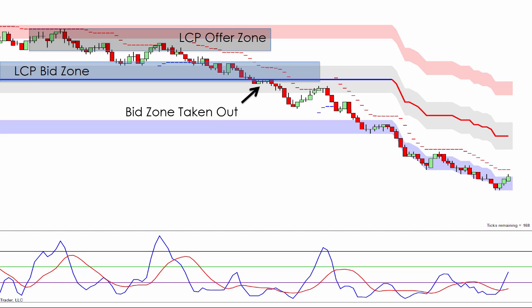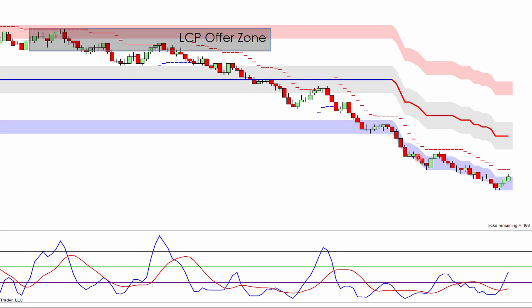So gang, what I'm doing here is I'm going to follow price down, just waiting for my price pattern, okay? And as I get new offer zones, I'm taking out the prior, I'm deleting the prior offer zone, and I'm using the most recent. So let's just walk through this.